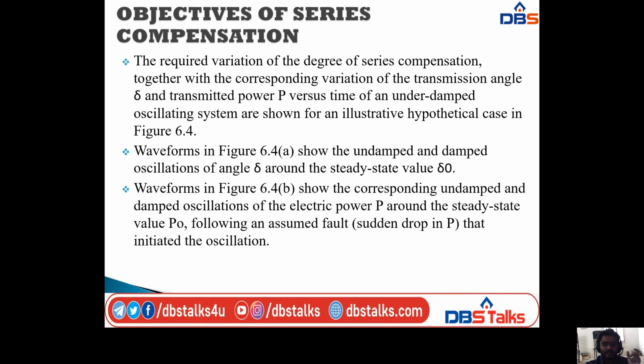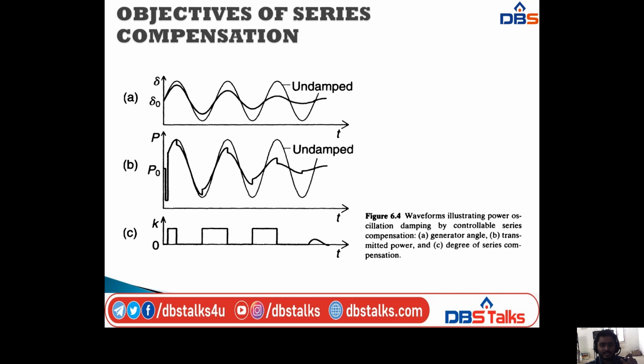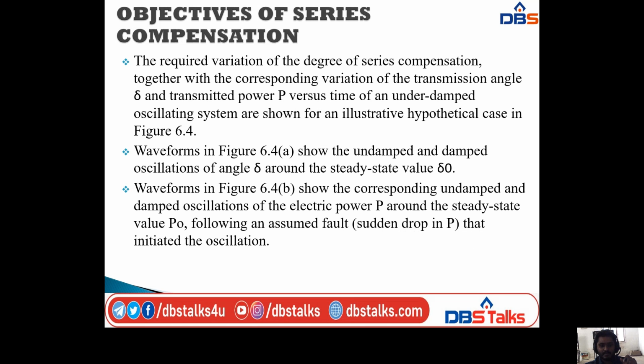Next, the waveforms in figure B show the corresponding undamped and damped oscillations of the electric power. Previously, the first diagram showed the oscillation of angle delta around the steady state value delta naught, but the second diagram shows the corresponding oscillations of the electric power P around the steady state value P naught.